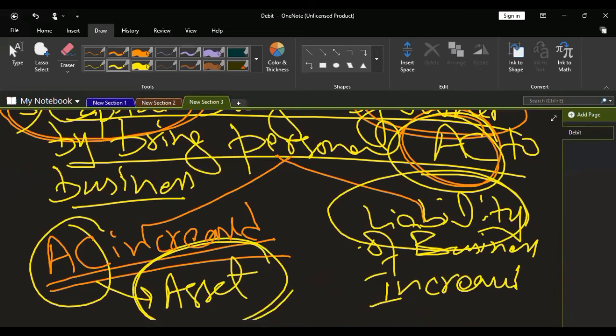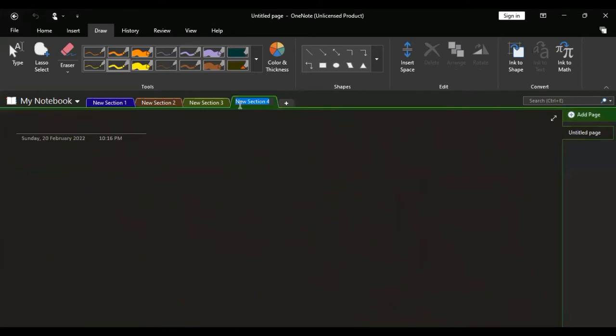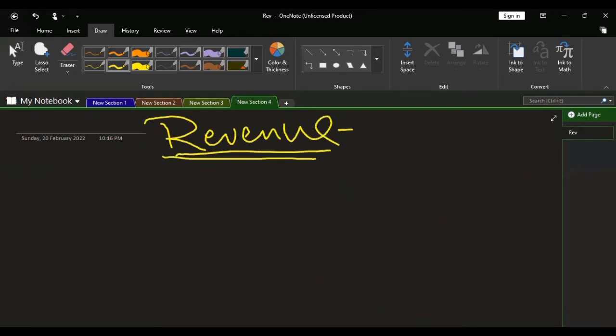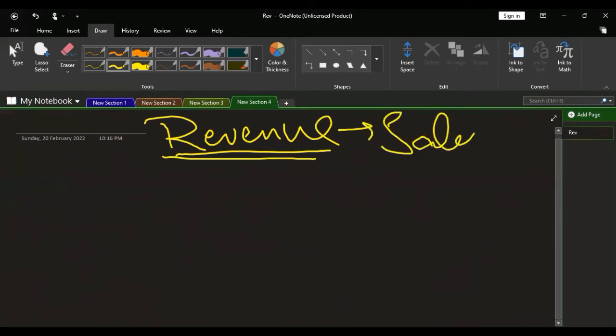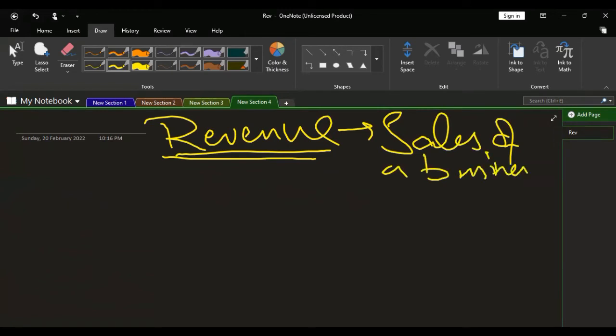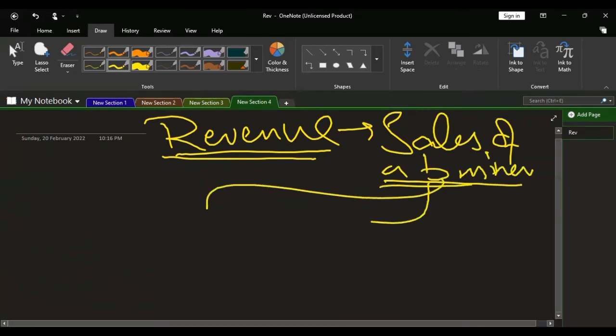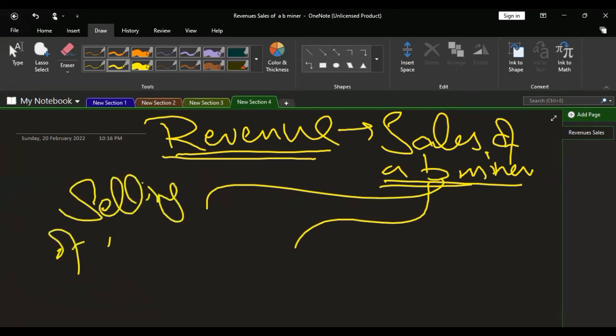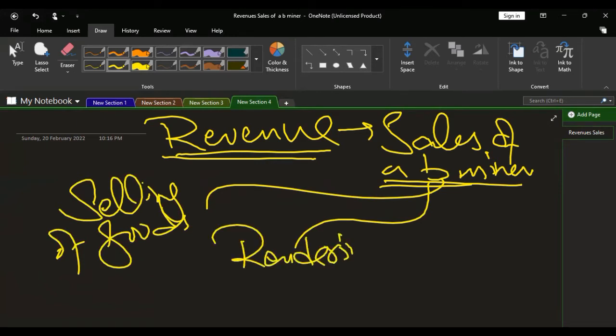Now move to the second category of examples, that is revenue. Revenue is the sales of a business. It may be in the form of selling goods or the money received by a business through rendering its services.